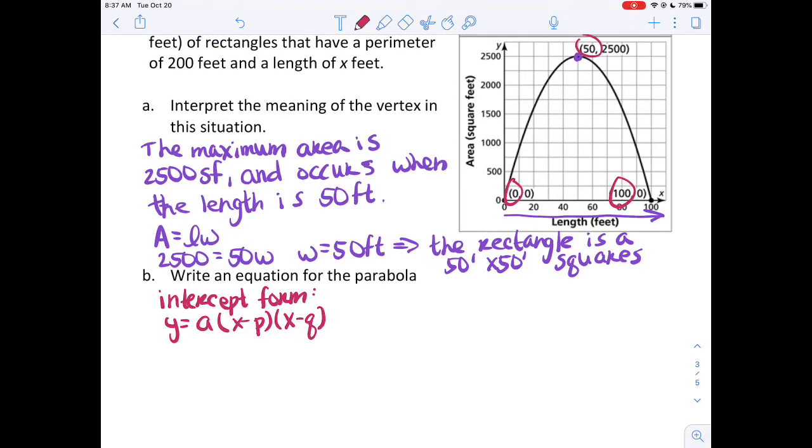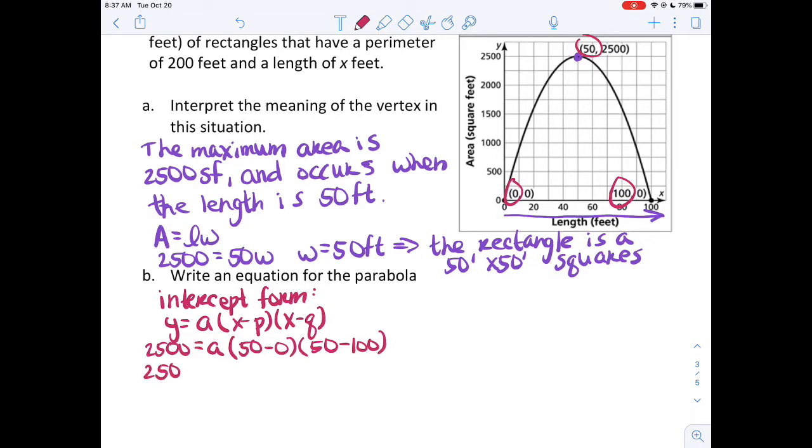So let's take a look. Y is 2,500. I don't know a yet, but I'm going to solve for that. My x value when y is 2,500 is 50. And my p value is 0. My q value is 100.